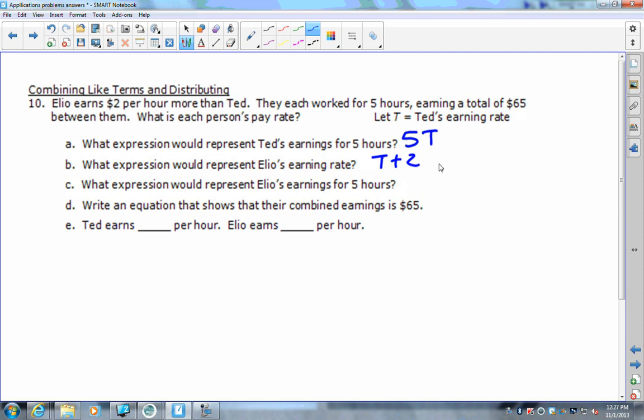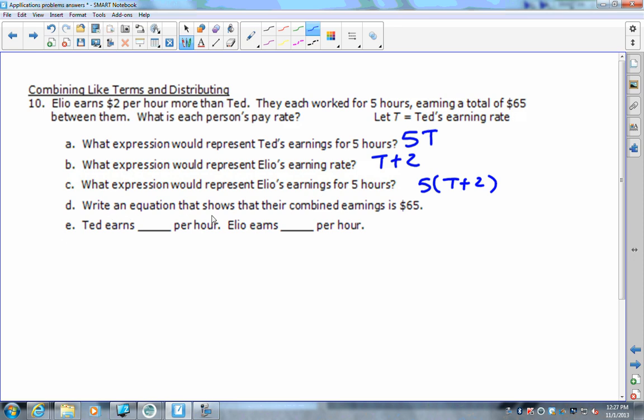For example, if Ted earned $5 an hour, Elio's going to earn 7. Now it says what expression would represent Elio's earning for 5 hours? You're going to take 5 times T plus 2. Okay, anyway, back to this.